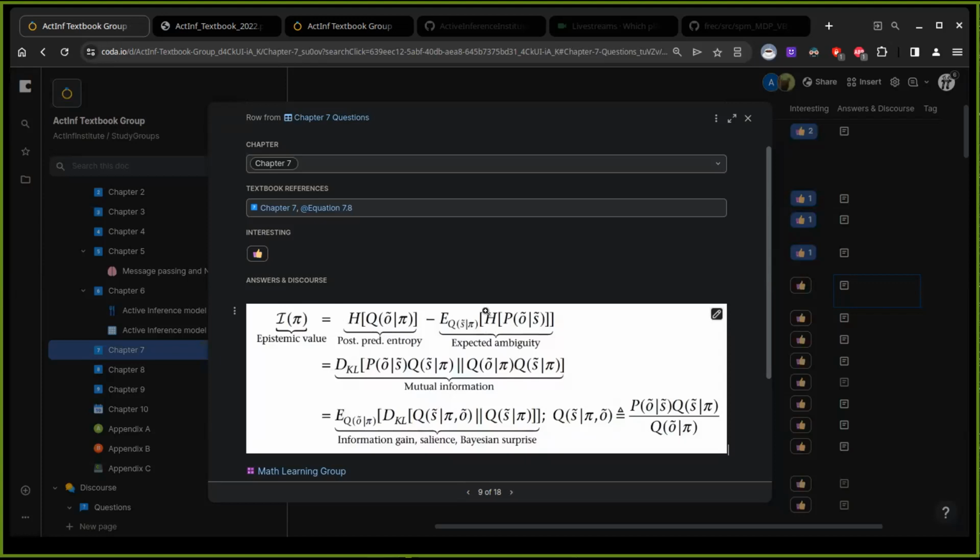And here is an entropy about essentially the A matrix, because it's discussing the relationship between the observations conditioned upon hidden states, also being conditioned upon the policy. But this kind of goes without saying about the conditioning over policy, because basically everything is going to be conditioned upon a policy, because the epistemic value is something that's computed on a per policy basis.